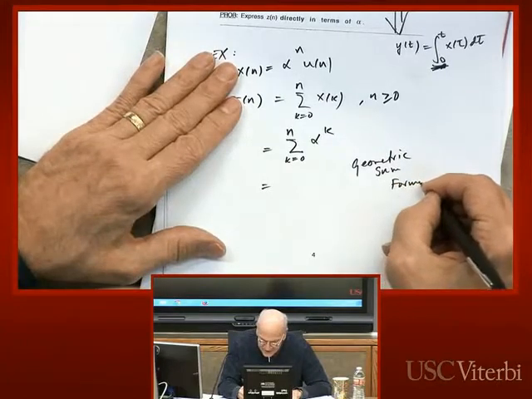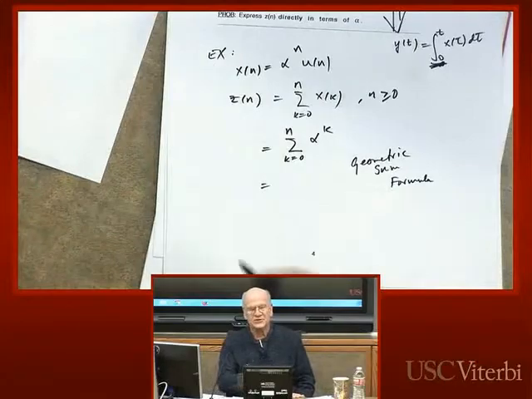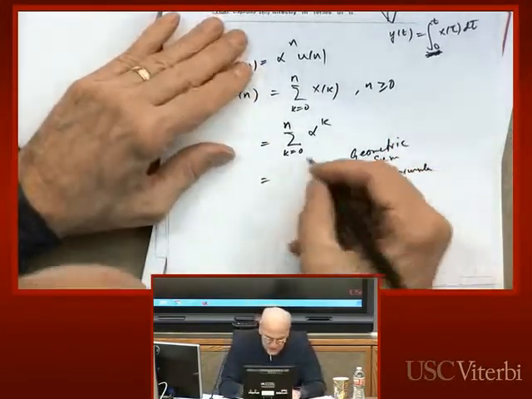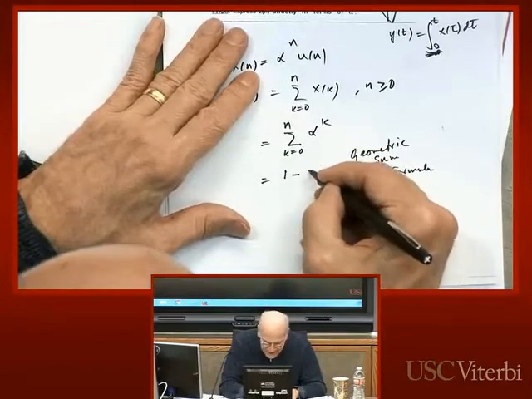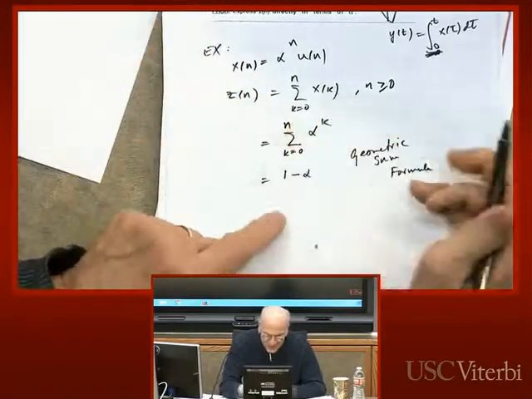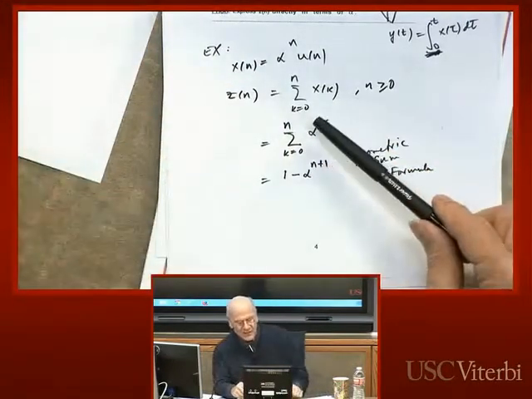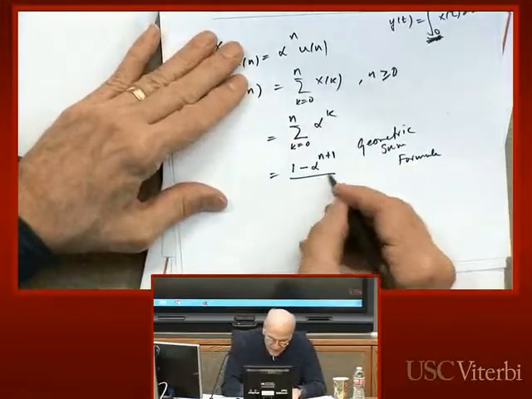That basically says if you have an exponential or geometric sequence like that, you can sum it exactly using the geometric sum formula, and you always get 1 minus alpha to the power of the upper limit plus 1, in this case n plus 1. So if this went to L minus 1, that would be 1 minus alpha to the L, divided by 1 minus alpha.